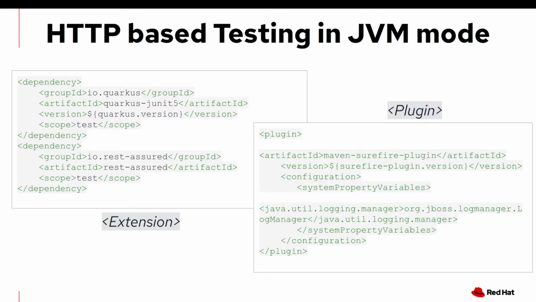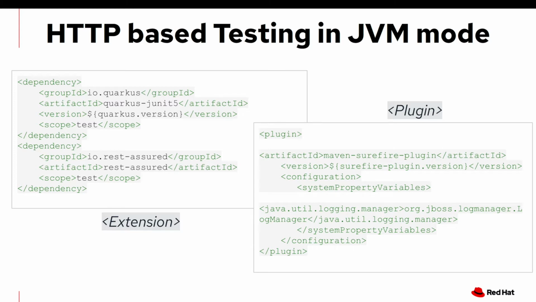So here is the common standard test case that runs your application on JVM. One thing you need to pull down is the Quarkus extension, aka Maven dependency, Quarkus JUnit5.